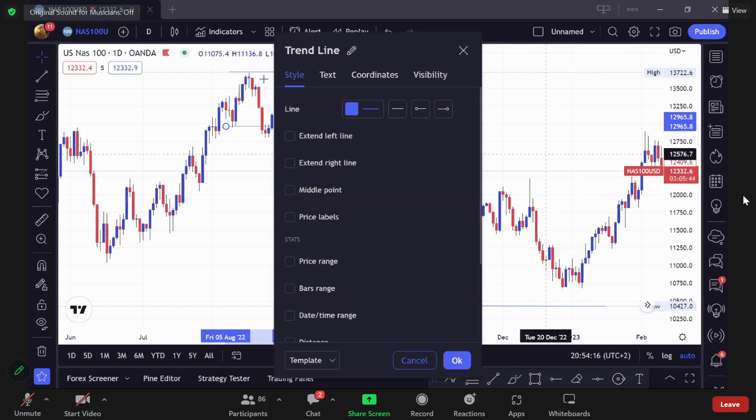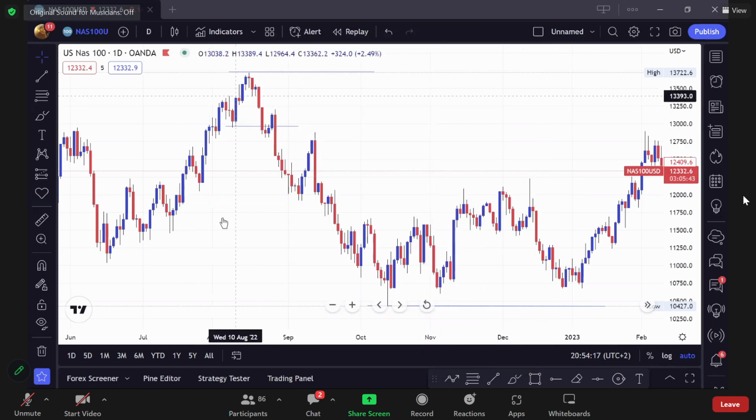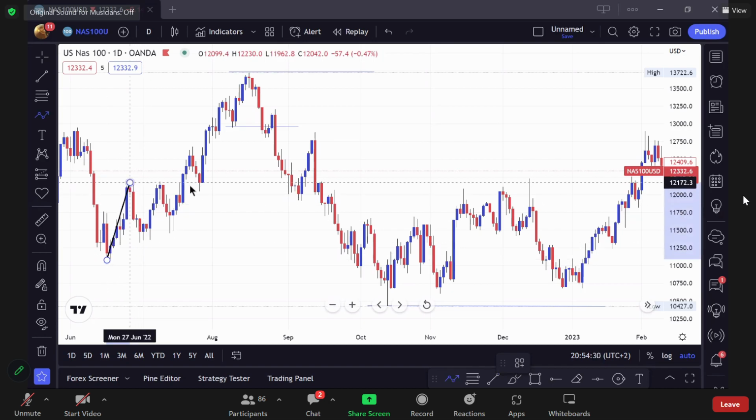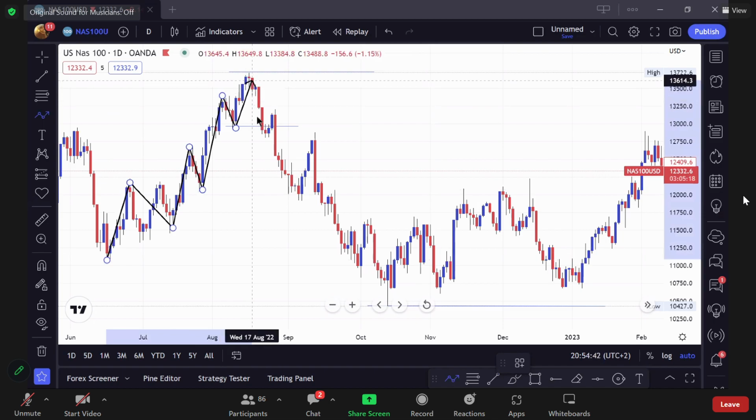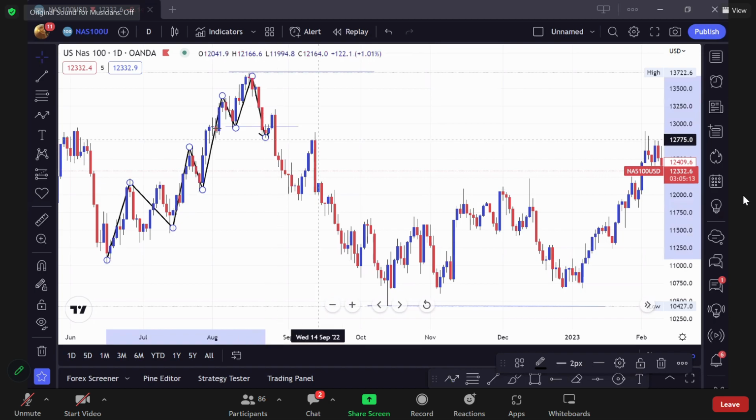see, the minute price goes like this, we had price respecting the trend. Let's say price went down, price went up, price went down, and let's just say price went up, price went down, price went up. But as soon as price came down, are we still respecting the trend?